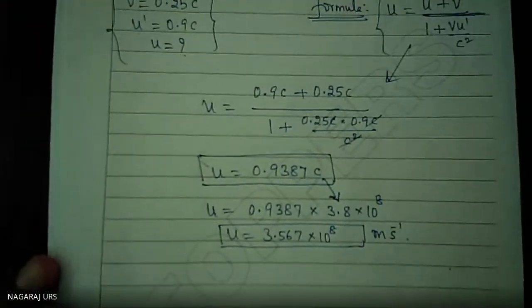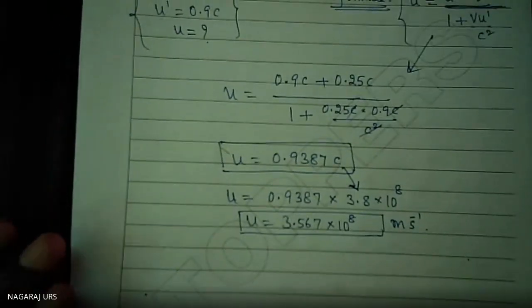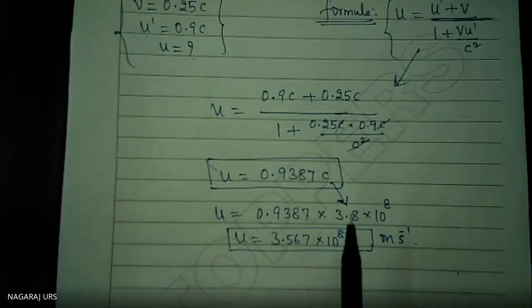Okay, next question you write. 2 point something. How did you get 2 point something here? Maybe the calculator may not be showing properly.